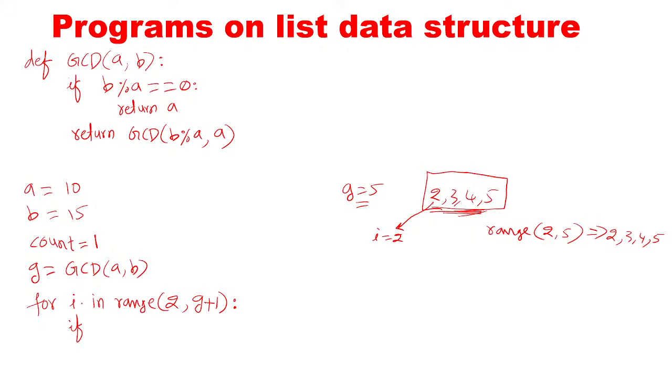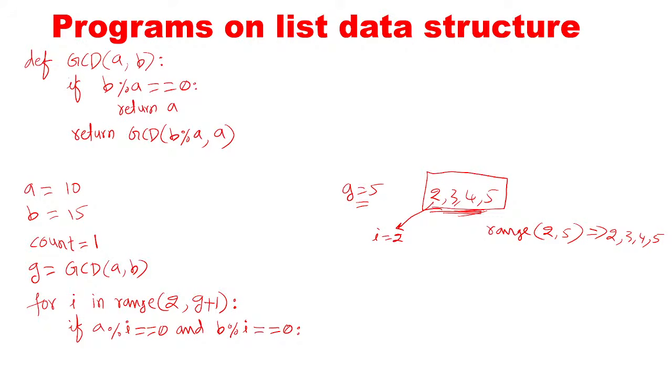Now you test whether 2 divides both A and B or not. How do you test here? If A mod i is equal to 0 and B mod i. In Python we use a word called and. This is the and operator here.